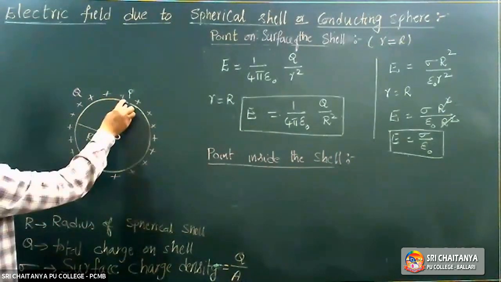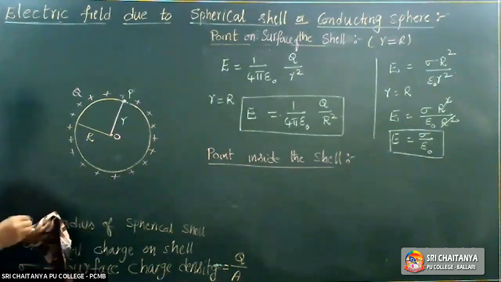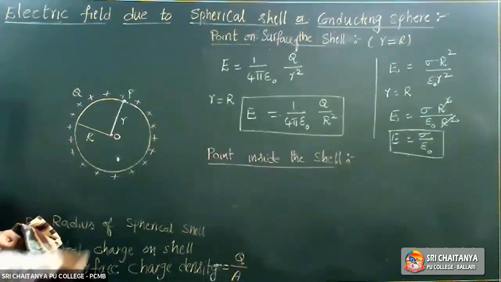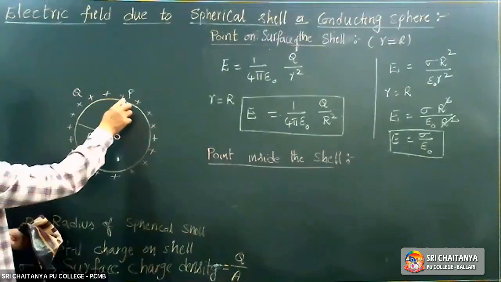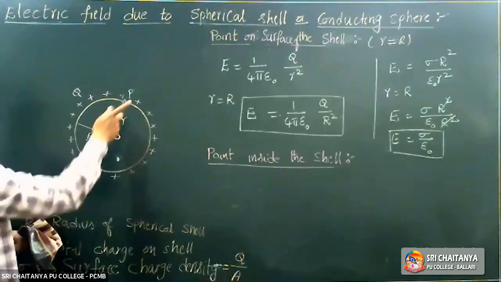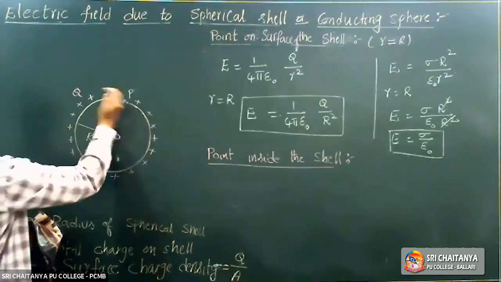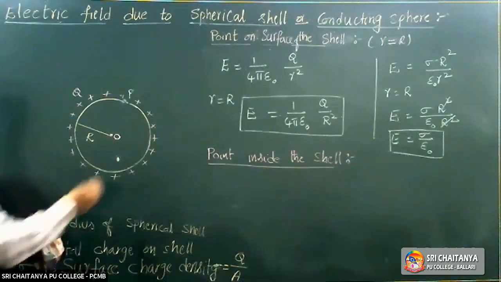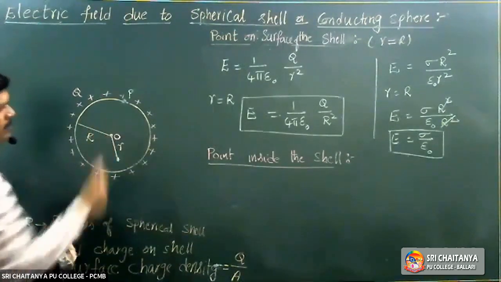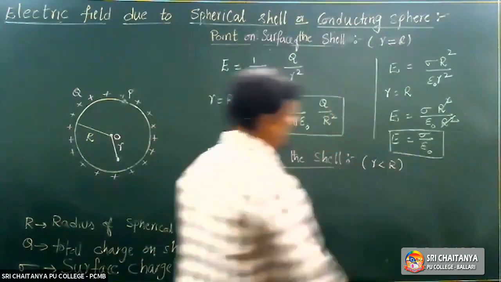If I take this point inside the shell, here is the point inside the shell. Then what is this distance? The distances are such that small r is less than capital R.